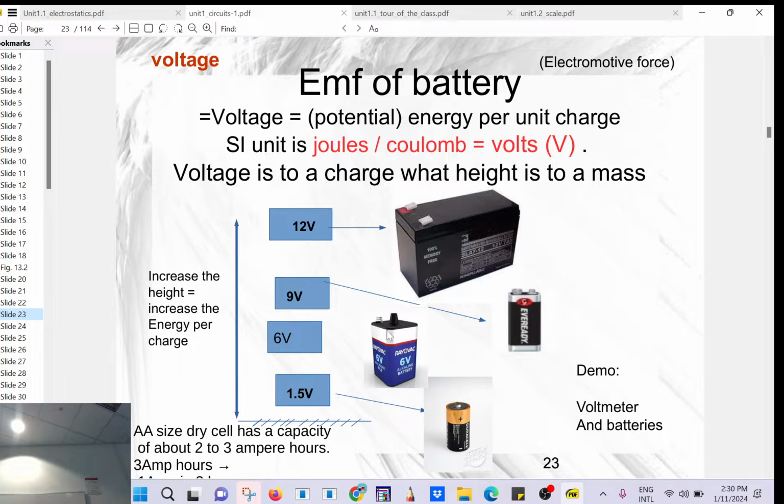Okay, so let's show you. First of all, this is something you might have to use one day. This is a voltmeter, a multimeter, so it can measure voltage, it can measure ohms, that means resistance, and it can measure amps here.